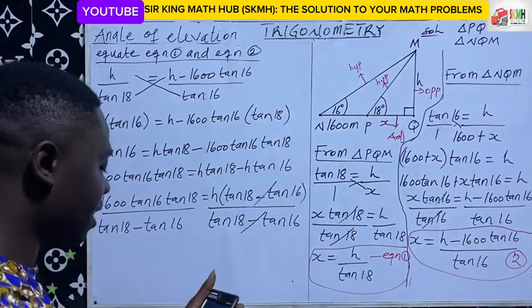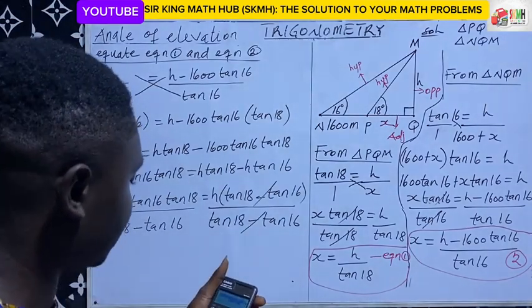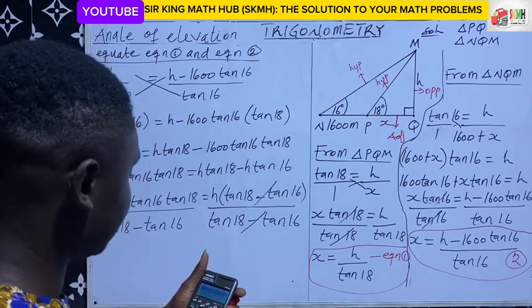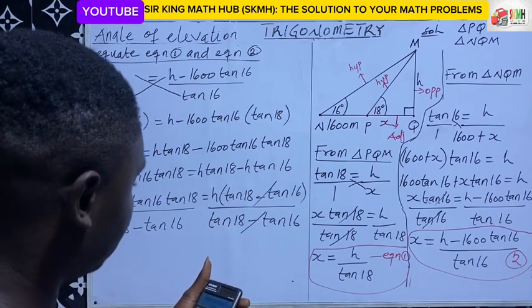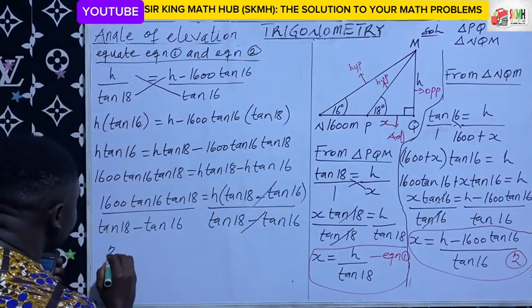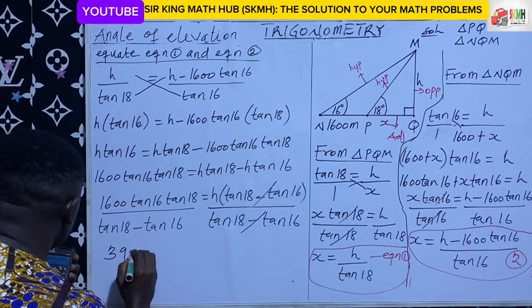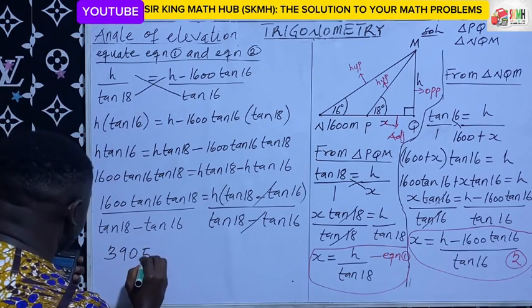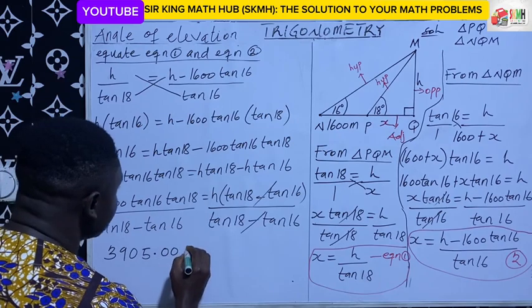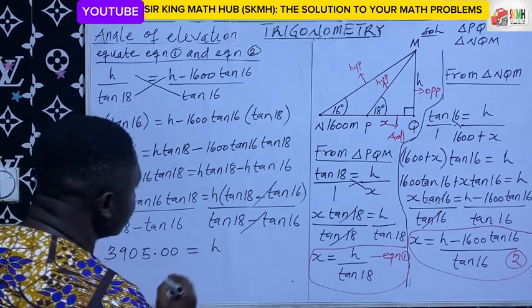And then for the denominator, we have tan 18, you close the brackets, minus tan 16. Okay, so I'm having 3905, so to 2 decimal places, 3905.00 is equal to h.